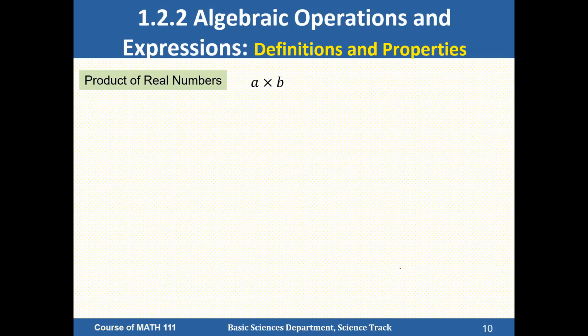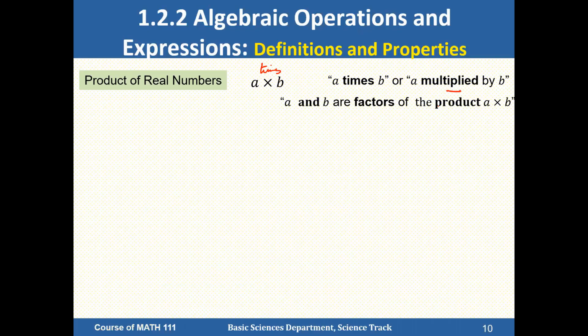What about the product? a times b. This is called times. a times b, or a multiplied by b. a and b are called factors of the product.